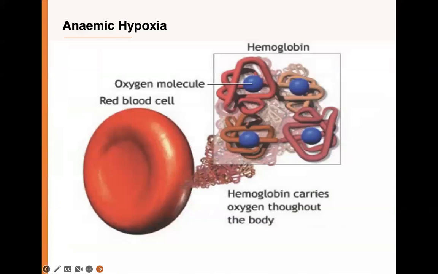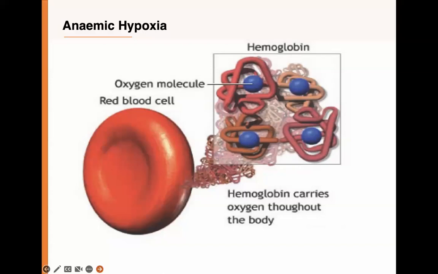So another type is anemic hypoxia. This mostly explains itself. In this type of hypoxia, you have good ambient pressure of oxygen, or good partial pressure of oxygen within your alveoli, and your lungs are functioning very well. But the oxygen carrying capacity of the blood is reduced.